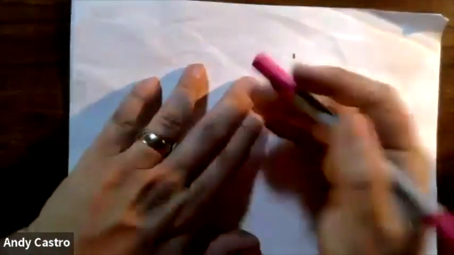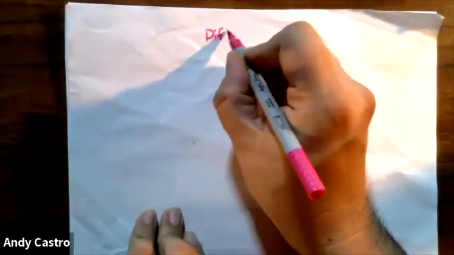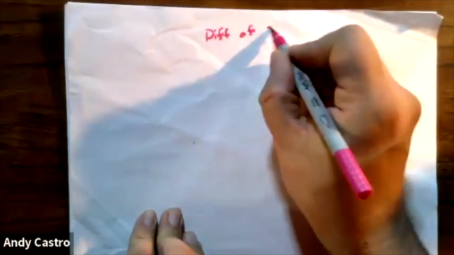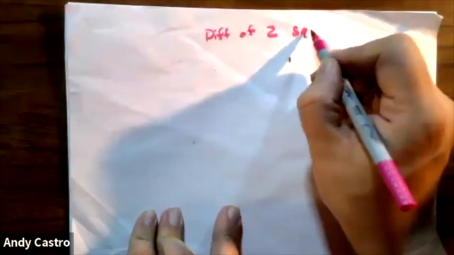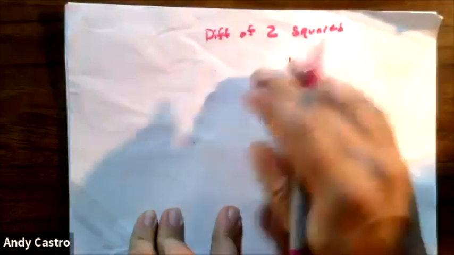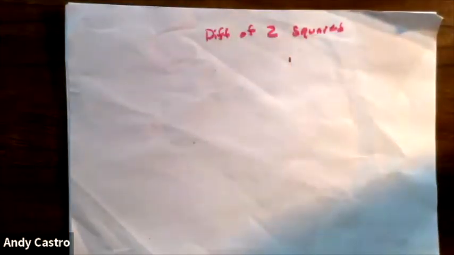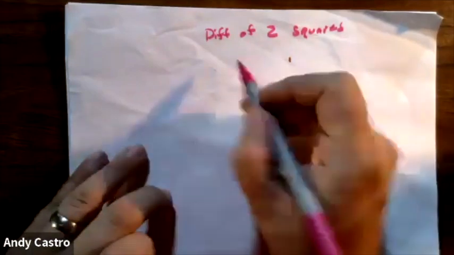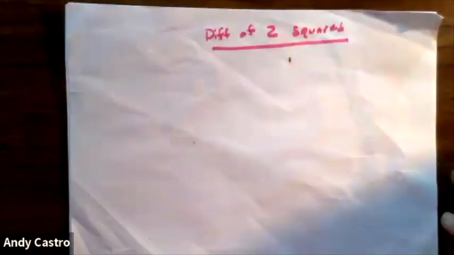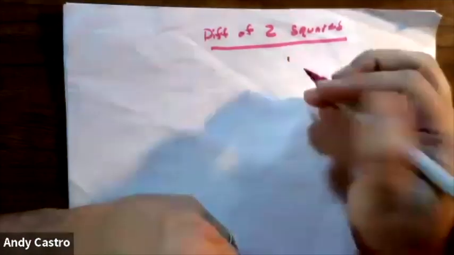Next, what I want to do is what's called the difference of two squares, okay? The difference of two squares. Now we're going to use an interesting concept. All right.